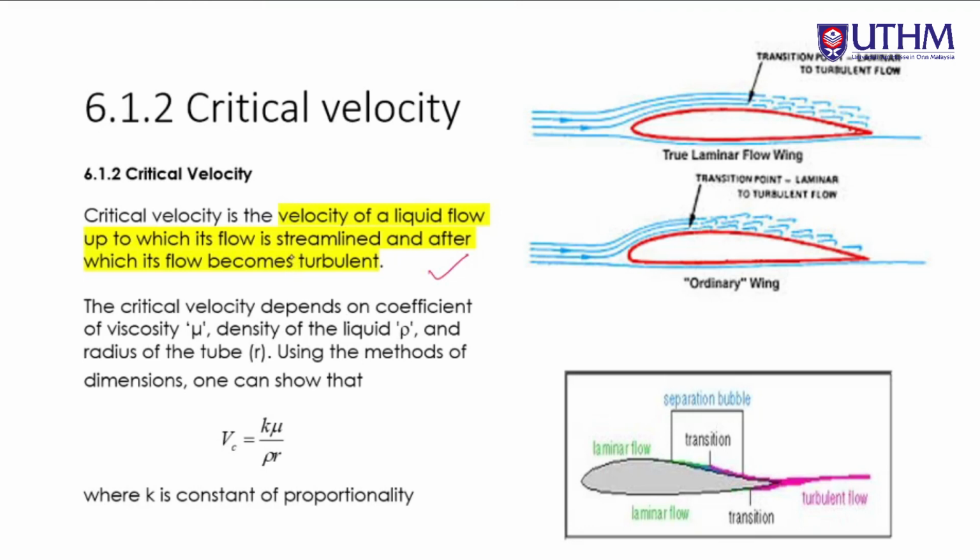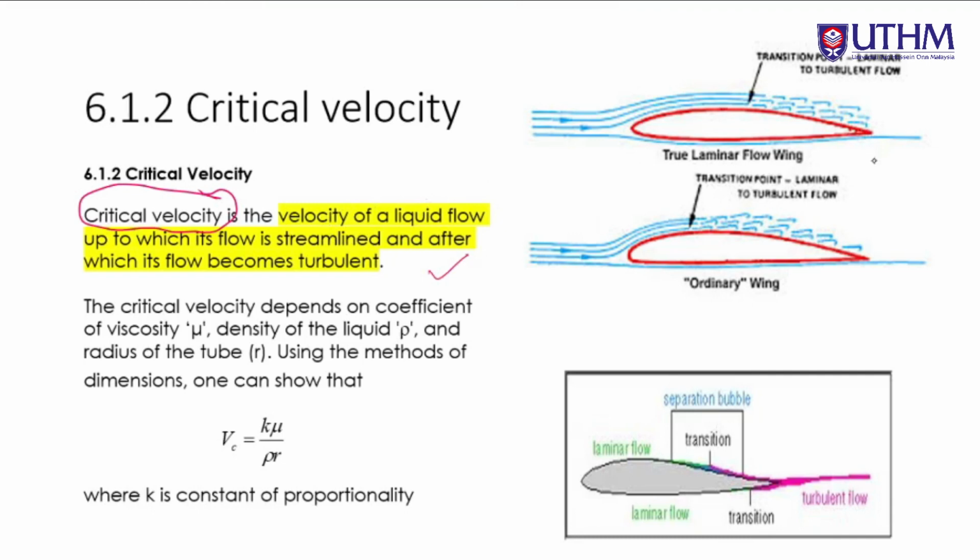Apa-apa flow pun dia akan mula dengan laminar, and then by certain condition due to the structure of an object after the flow passes akan menyebabkan flow tu bertukar jadi turbulent. So this is what it calls as a critical velocity, in which a point when the velocity dah jadi turbulent. Yang tu cara mudah untuk cakap lah.